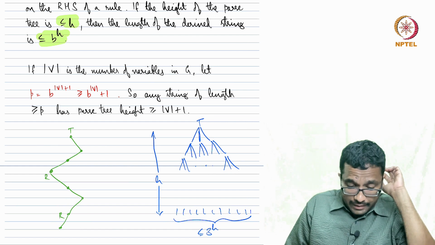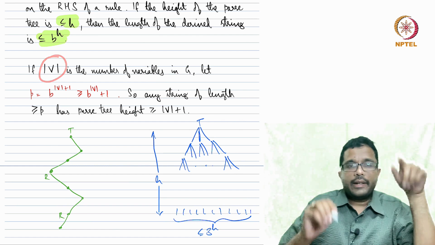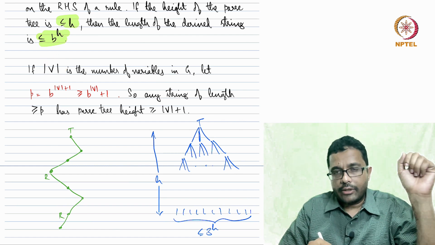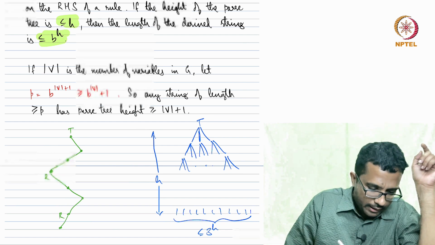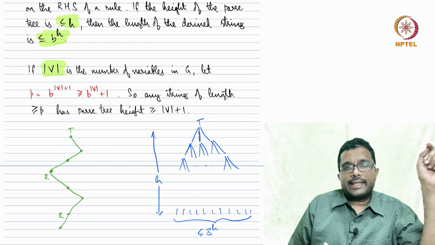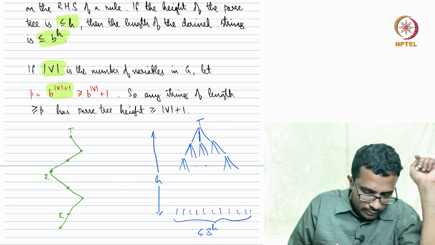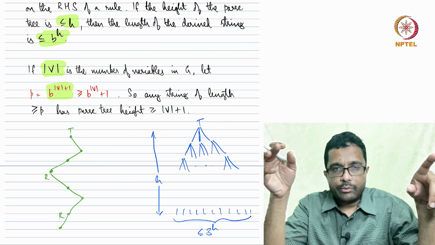Now let's say the number of variables is given by the cardinality of V, because capital V is the set of variables. So this denotes the number of variables. Now the pumping length that we get is just b power v plus 1, where the exponent is v plus 1.